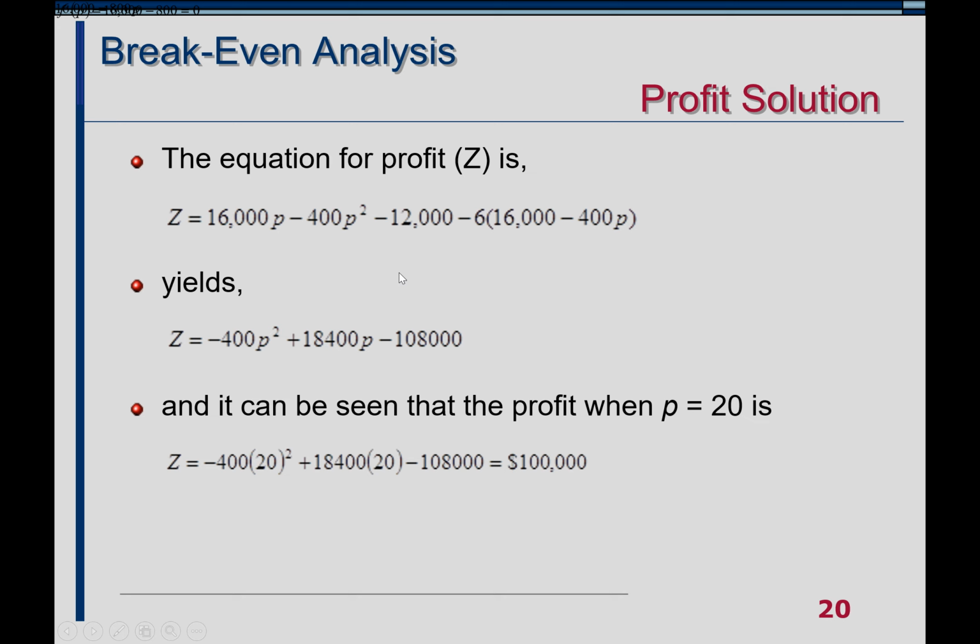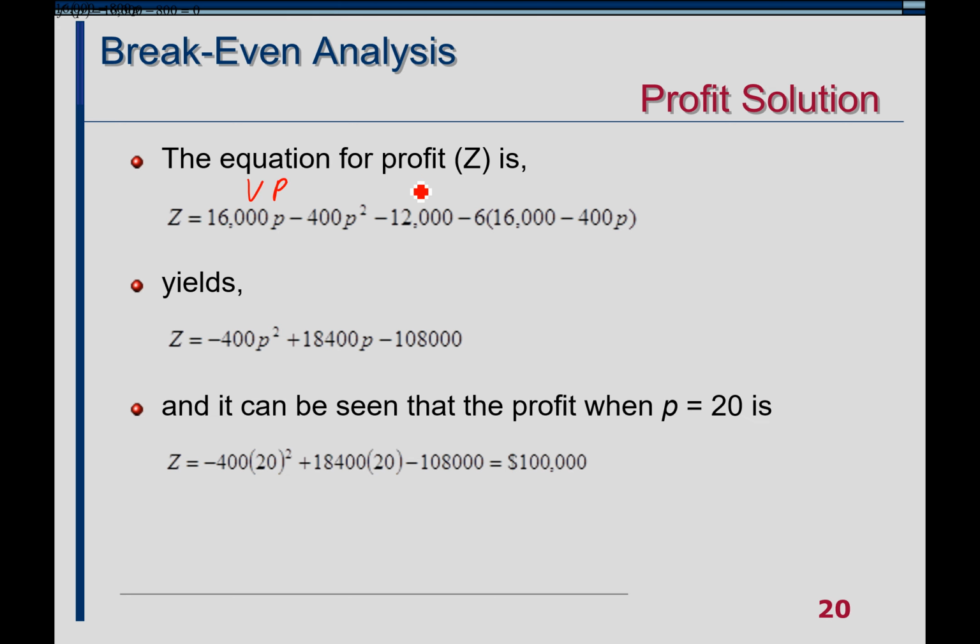So what is the equation for profit going to be? Well, it's going to be our revenue, which is this function right here, minus our cost, which is going to be 12,000, because that is our fixed cost. Let me see if I can write this. Remember, this value right here is VP, which is our revenue.